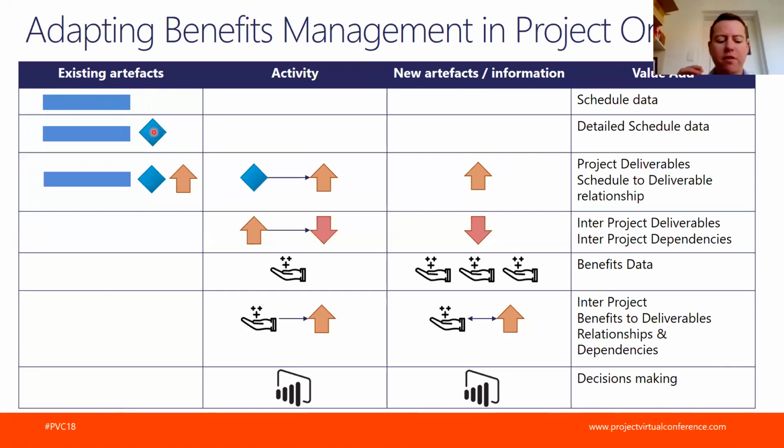And this is an important or interesting feature of Project Online or Project Server, which is not really used: the capability to set up a task or a milestone to be a deliverable, which means we are tagging something into the project schedule, which is to be seen by the rest of the world as a deliverable, as something that can be consumed. And the activity is to link a milestone to a deliverable, and we are creating a new deliverable.